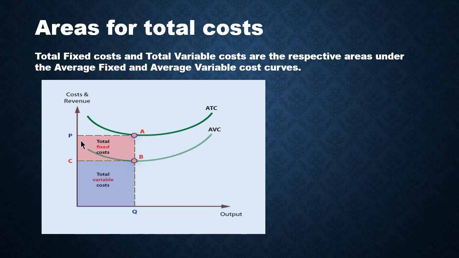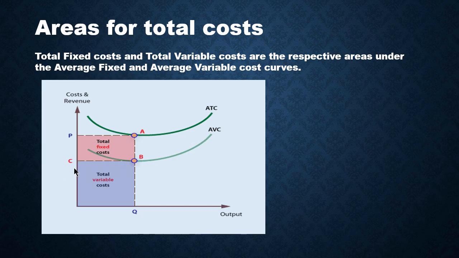The y-axis in this graph is the cost or revenue, and the x-axis is the volume of the production or the output. This is the average variable cost, and this is the average total cost. We can see that the average total cost and the average variable cost are U-shaped.